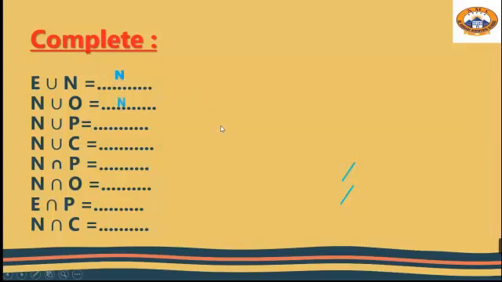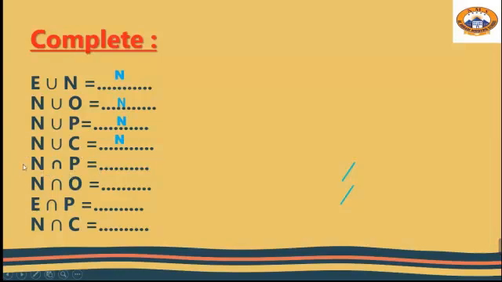Next one, natural and odd, it will be the natural numbers. Union between natural numbers and prime numbers, it will also be the natural numbers because it's the mother. Natural numbers and counting numbers, yes, union means the natural numbers.